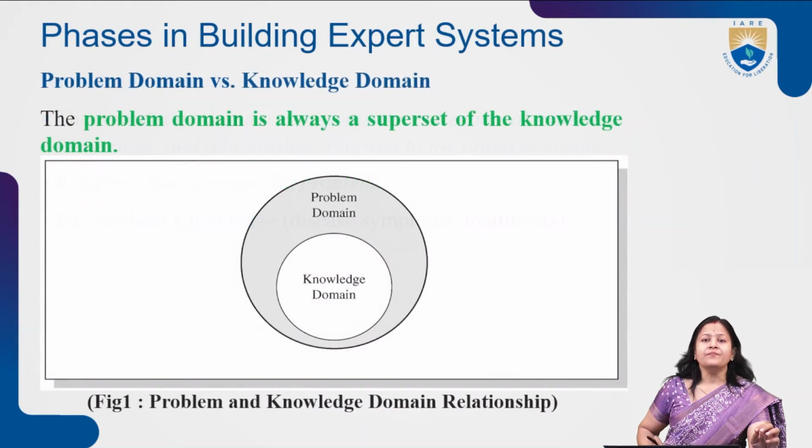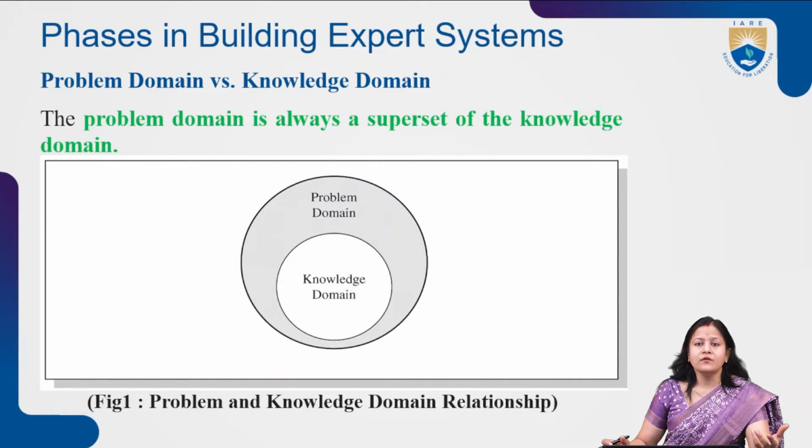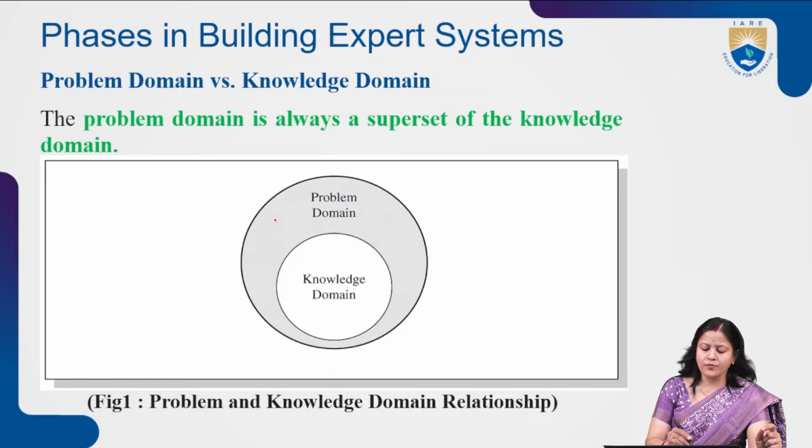Now, this is the Venn diagram, a pictorial representation of the problem domain and the knowledge domain. The problem domain is always a superset of the knowledge domain. The problem domain is the outer circle and the inner circle is the knowledge domain. We have identified the problem in the medical sector. How can the problem be solved?